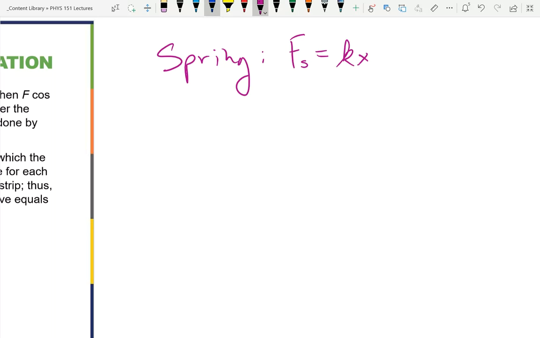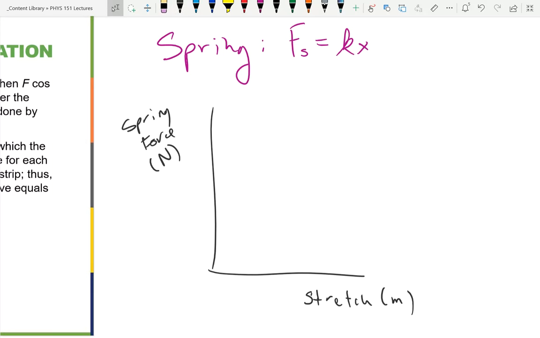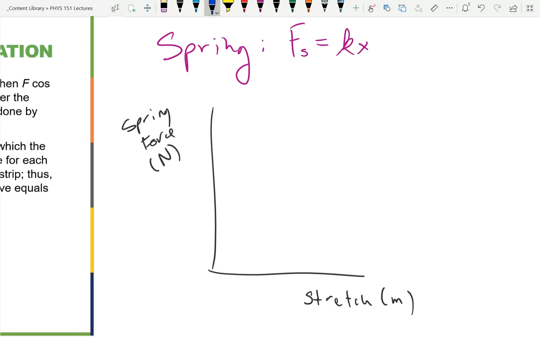So if I make a graph for the spring force in units of newtons and the stretch in units of meters, what should this equation, force is equal to kx, look like? What is this the equation of?